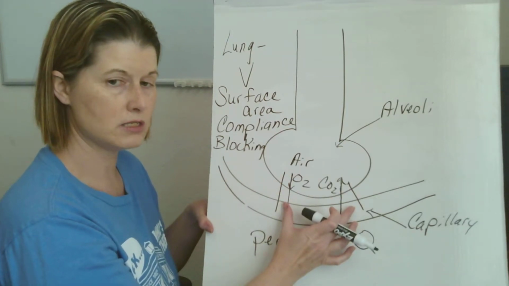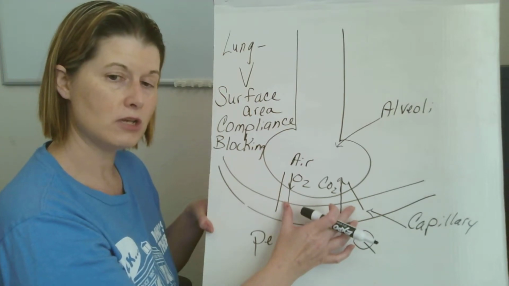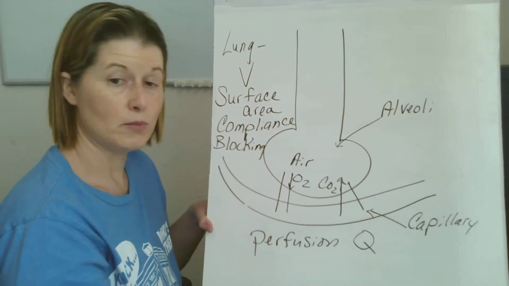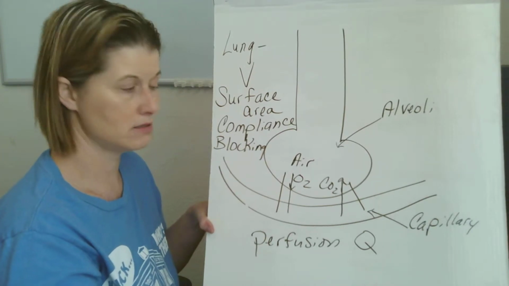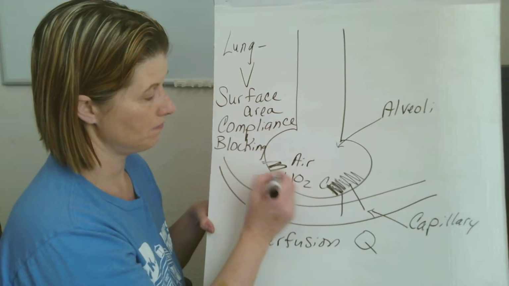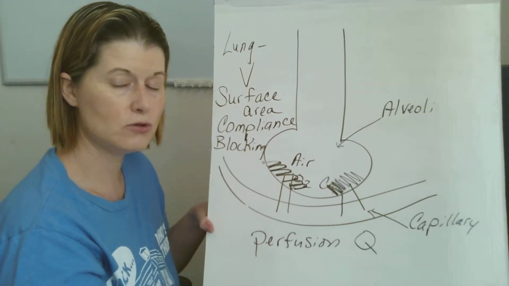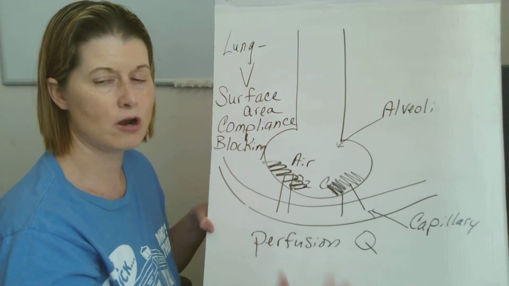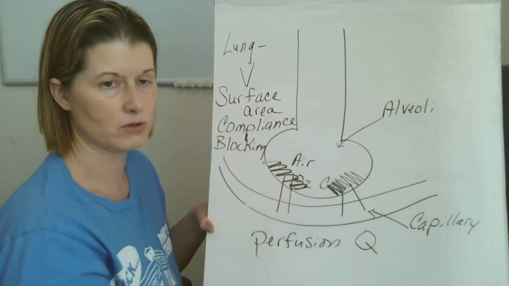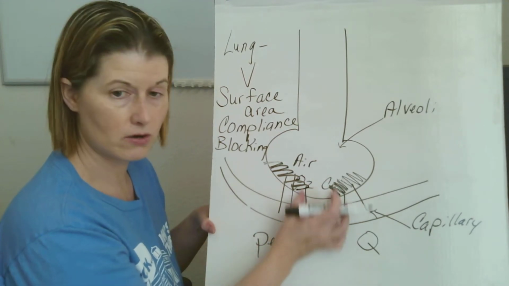Very important concept, okay? Because what if now I said the patient has pneumonia or they have bronchitis? So now we have mucus here. Well, how does that change our exchange? You can't exchange carbon dioxide and oxygen through a wall of mucus, okay? So now we're only exchanging in this area.